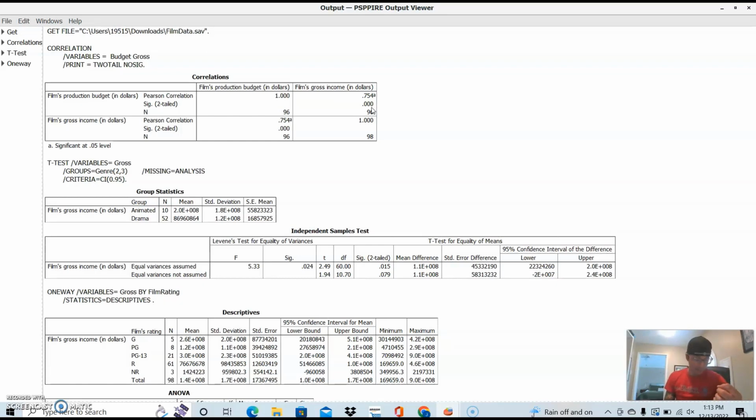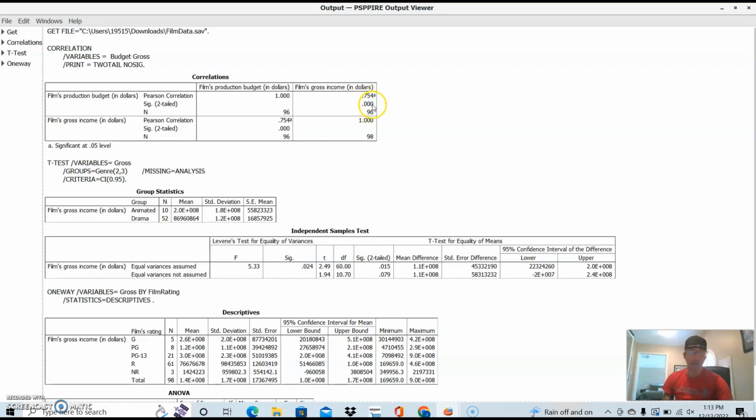So it doesn't mean it's actually 0, it just means there's a 0 in all 3 of the first decimal places. Kind of a quirky, geeky stats thing, but just make sure you don't put p equals 0. What would be more accurate in this case is you would put p equals 0.001, or p is less than 0.001. That's going to be a more accurate way to describe it. So in this case, we have a significant correlation.